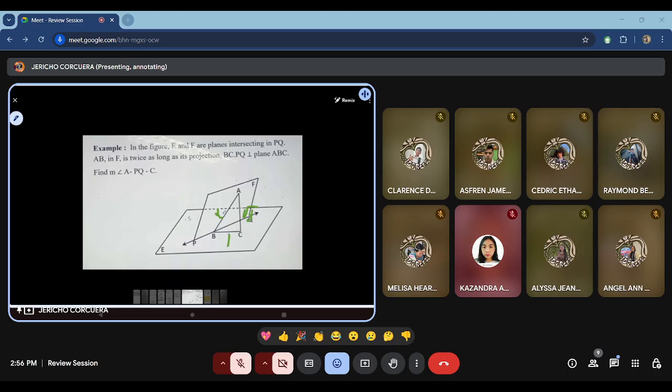If this is 1 and that's 2, then this is 30 degrees, and this one is 60. So the dihedral angle is actually 60 degrees. The measure of angle APQC is equal to 60 degrees.